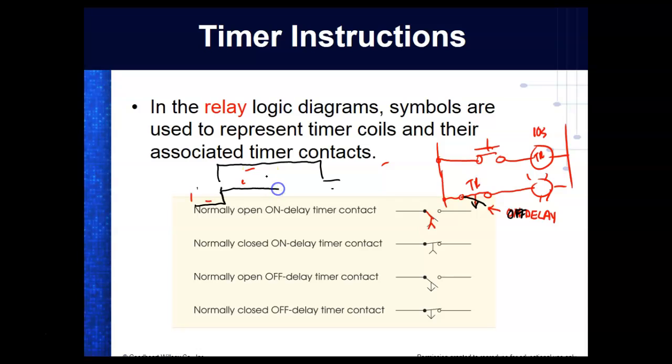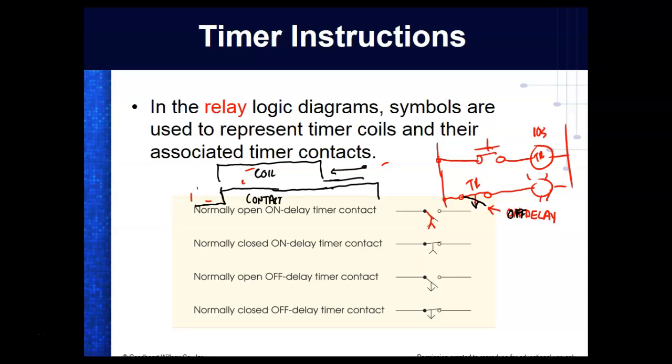Then over here, this is the coil, and this is the contact. When the coil goes false, this guy right here would go out for this amount of time. So an off delay timer times when the run goes false. An on delay timer times when the run goes what? True. Everybody understand that?